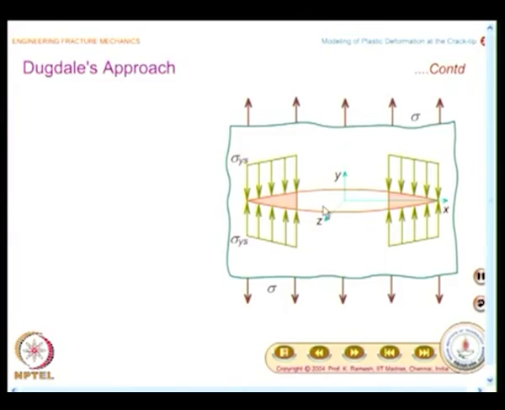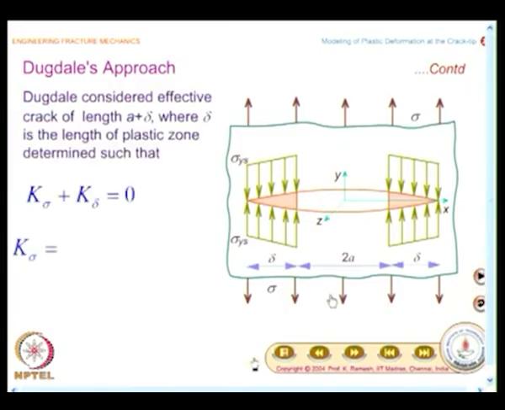You have a center crack in an infinite strip, and what you have here is the length of the crack is 2a, and for this zone which is plastically deformed, the stress level is taken as sigma ys. This is an assumption made by Dugdale in developing the model. And what is the effective crack length now becomes? It becomes a plus delta.